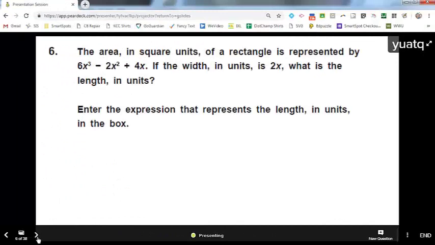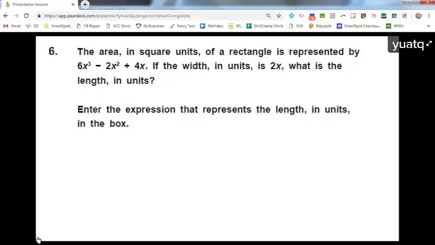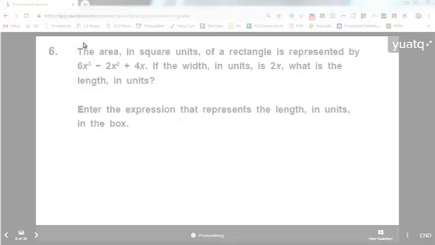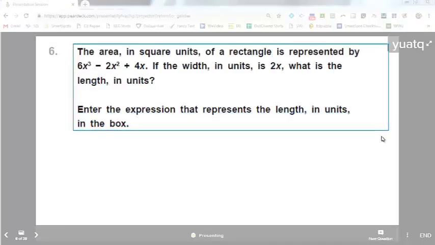All right. The area in square units of a rectangle is represented by 6x to the third minus 2x squared plus 4x. If the width in units is 2x, what is the length in units? Enter the expression as a length in units in the box. So let's just move this over.